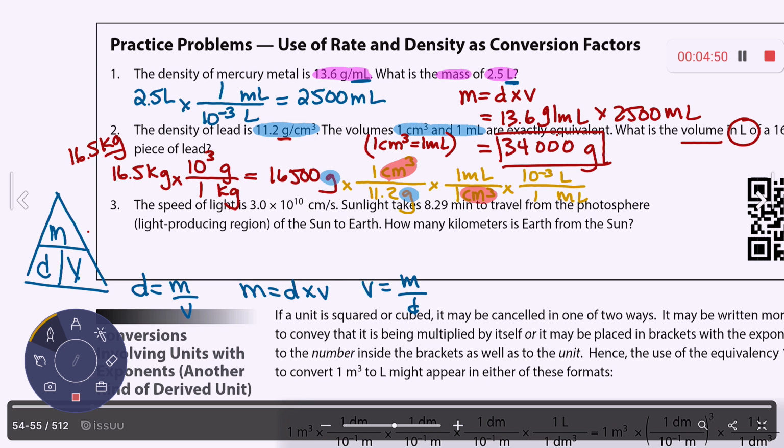So it looks like this. That would be my setup. So it's 16,500 divided by 11.2, I can just leave the ones, times second EE negative 3, enter.